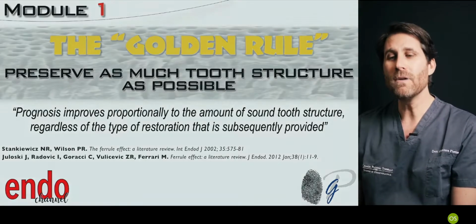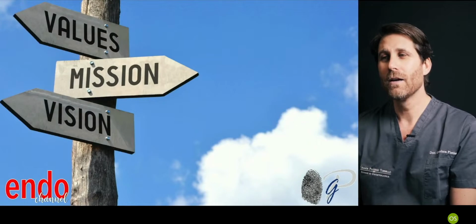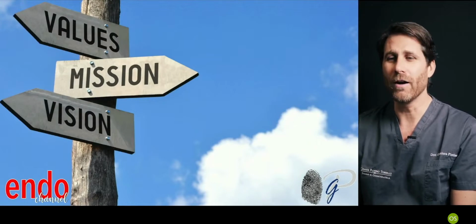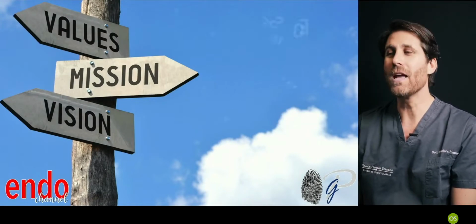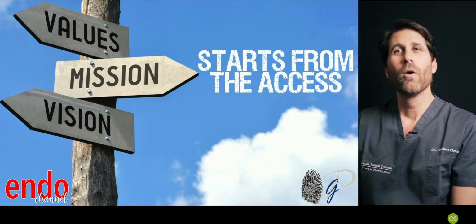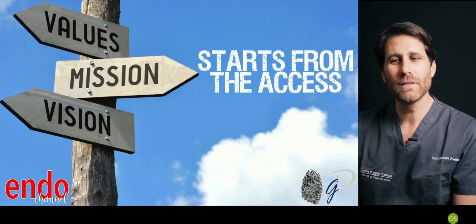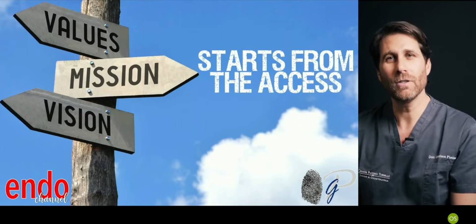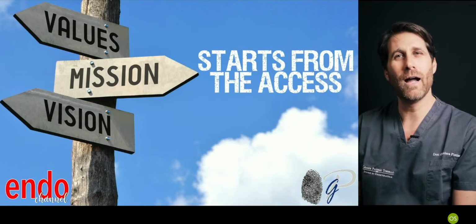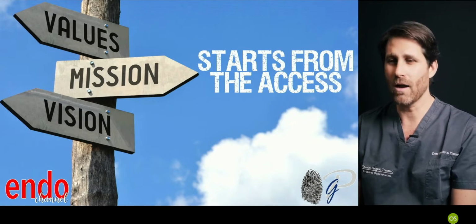So our mission starts in preserving tooth structure as much as possible from the access. So we can apply some new concepts to the access cavity preparation thanks to the help of the new technologies, new devices that we have in our armamentarium.